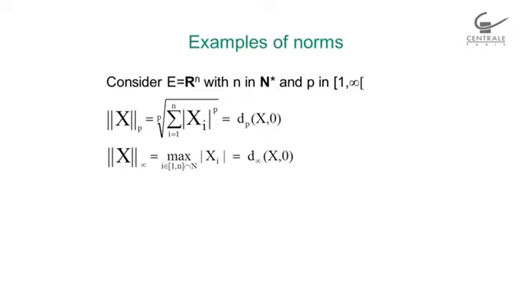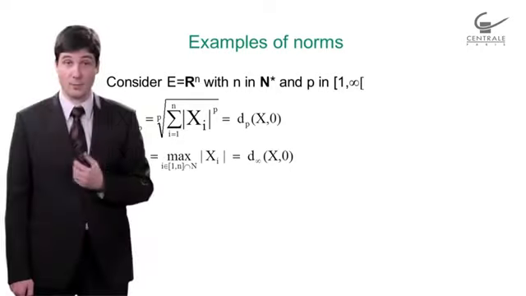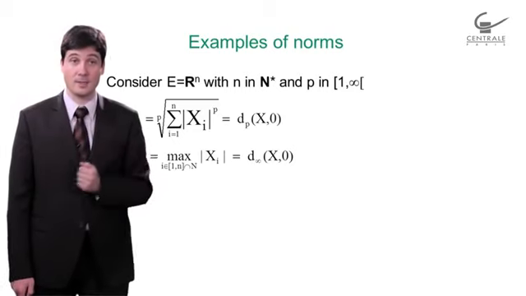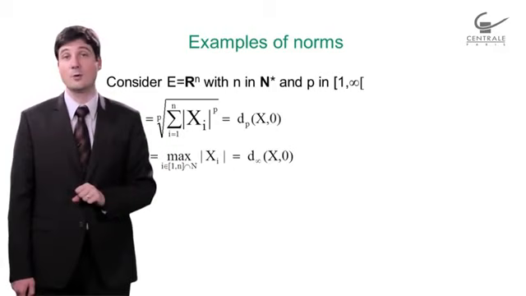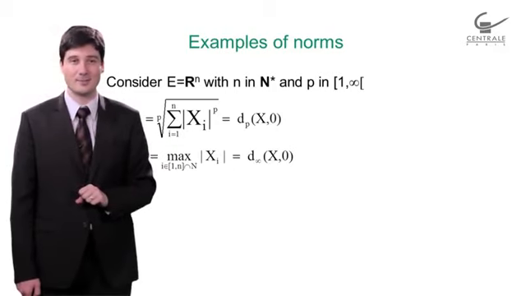And I can define the infinity norm as the max of the absolute value of each component, and that is also the distance d infinity between x and 0. These are examples of norms in Rn, and you can find the proofs in the PDF document attached to this lecture.